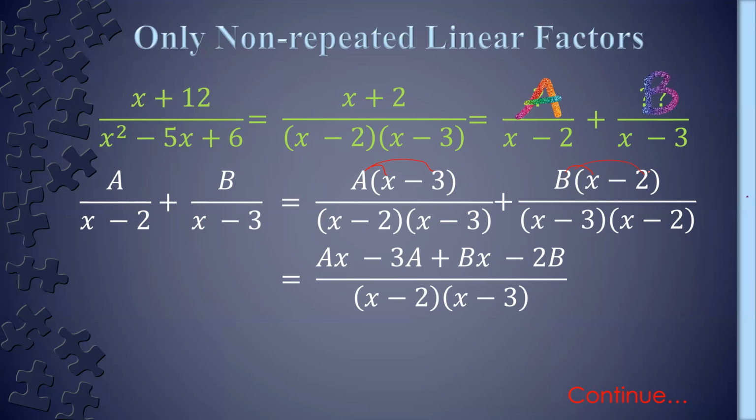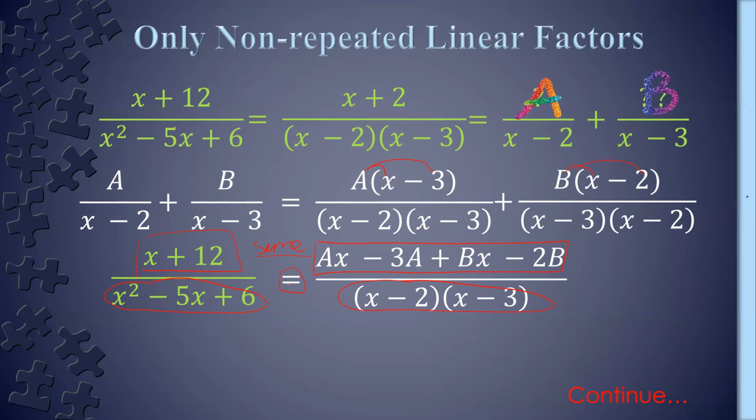So that gives us the same fraction as the one that we started out with, except now it is in terms of A and B. Since the denominators, these right here, are the same, the numerators will have to be the same, right? They would have to be the same because the denominators are the same and they are supposed to be equal, right? So now I'm going to go ahead and match the coefficients.